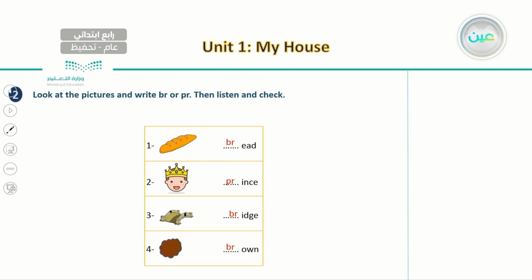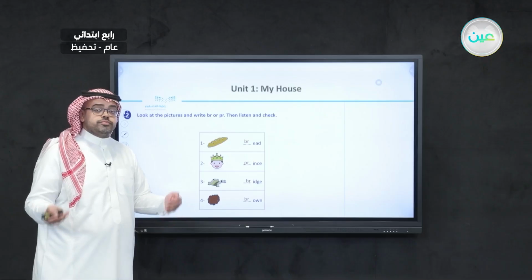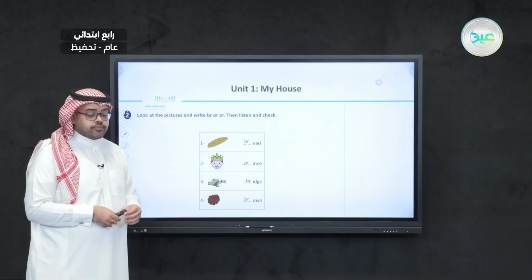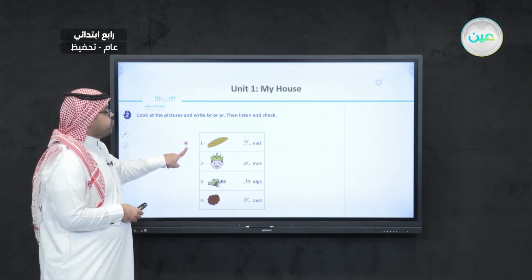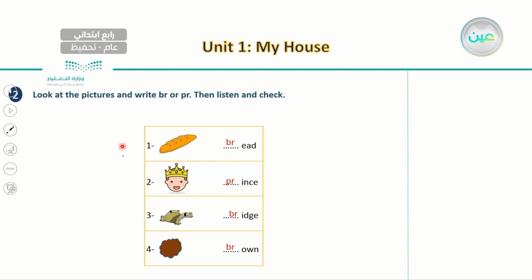Now, let's listen one more time to these words, and I would like you to say them after me. So number one, we have bread, bread, prince, prince, bridge, bridge, brown, brown.